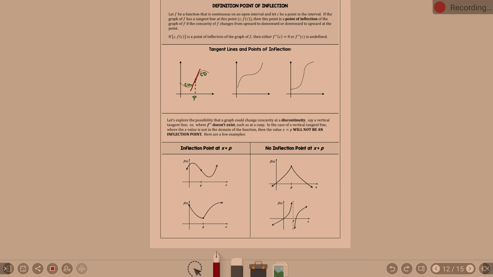Just go with it, okay? That is an inflection point. My graph changes concavity there. But that first derivative is going to be increasing there. So f prime of p is greater than 0. It's a positive slope. The second derivative here would equal 0, and thus it is a point of inflection.